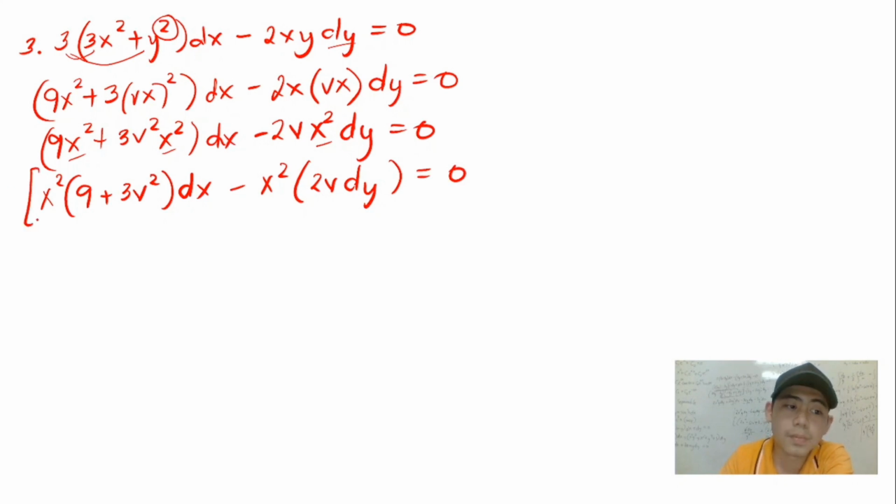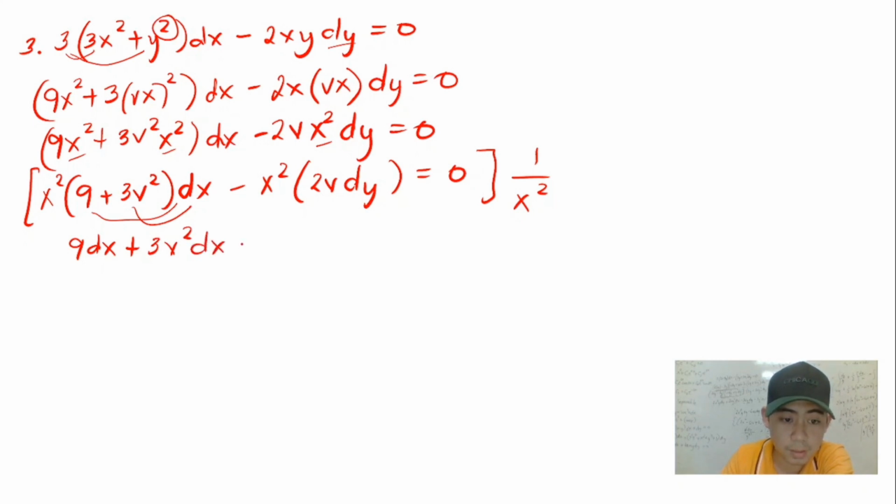After nyan, divide the whole equation sa 1 over x squared or multiply the whole equation sa 1 over x squared para makancel natin yung x squared. So, after makancel, distribute na natin to. Therefore, 9dx plus 3v squared, okay, dx minus 2v.